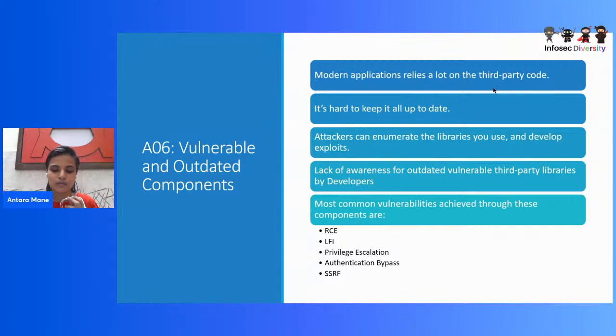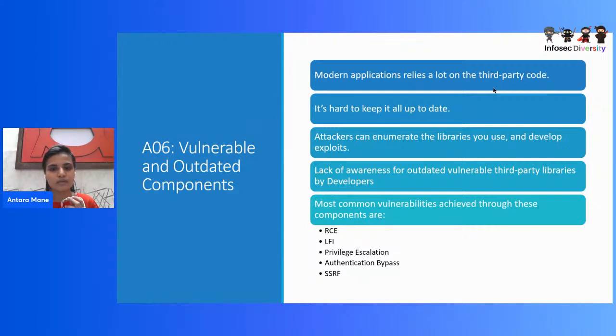Developers nowadays rely heavily on third party libraries for certain uses in their web application, maybe the styling or the dynamic linking of it. But they are not aware of the source or the integrity of the library that they are using, and that actually leads to this type of attack, right?